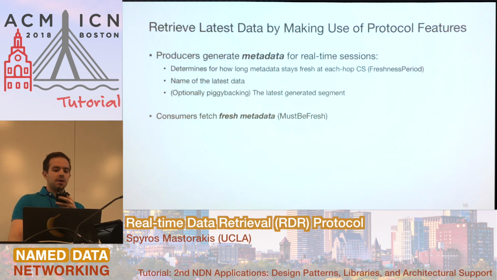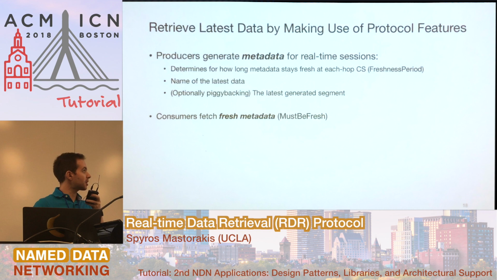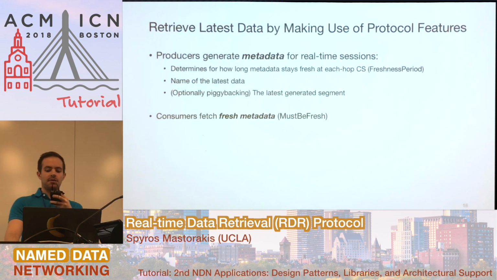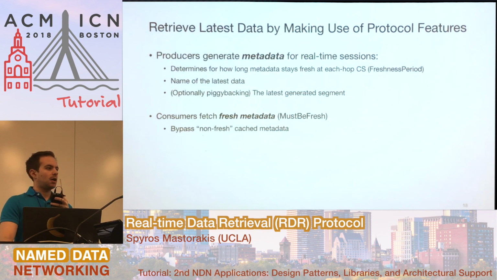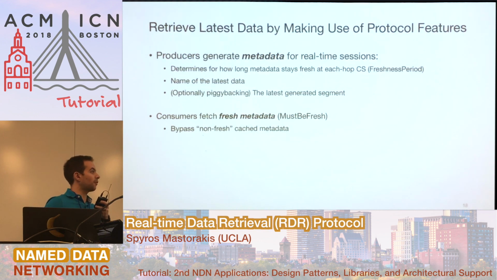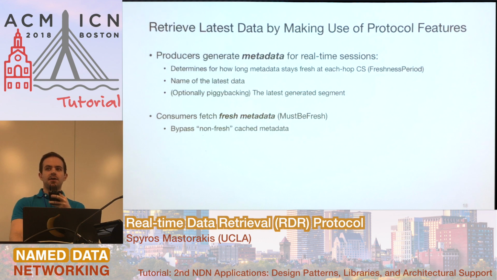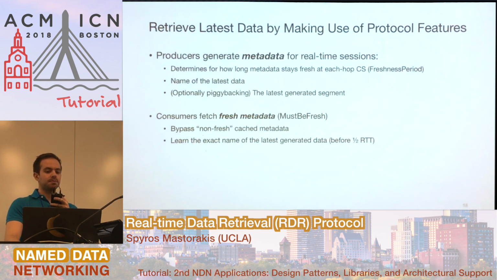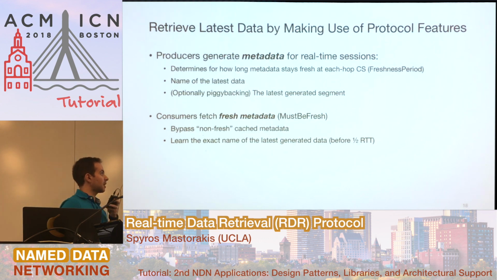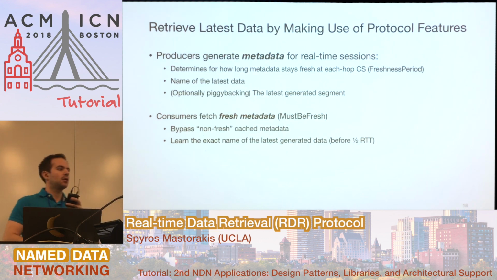The consumers will send an interest for fresh metadata using the must-be-fresh element in the interest packet. This interest will bypass non-fresh metadata in the network caches, and in this way, the consumer will be able to learn the exact name of the latest generated data, in the sense that this data was generated approximately half an RTT before.